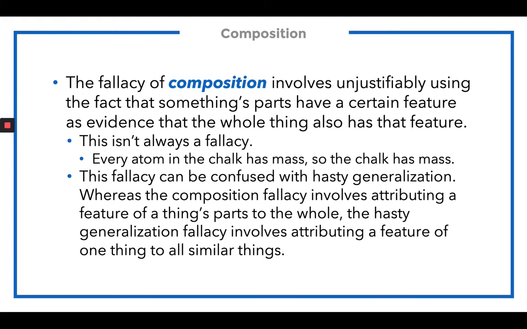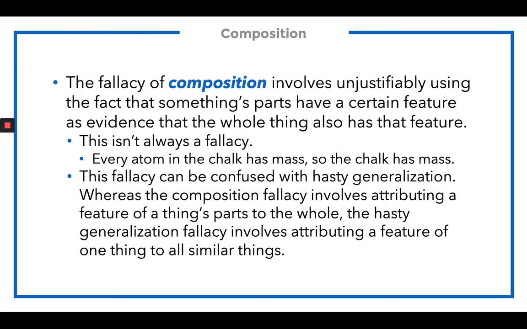It's also important to note that this fallacy can be confused with hasty generalization. Whereas the composition fallacy involves attributing a feature of a thing's parts to the whole of the thing, the hasty generalization fallacy involves attributing a feature of one thing to all similar things.